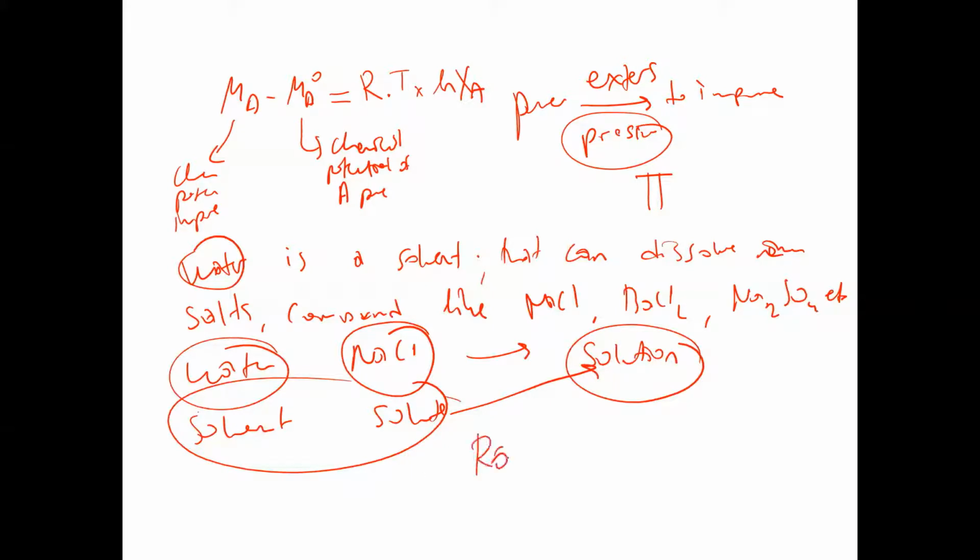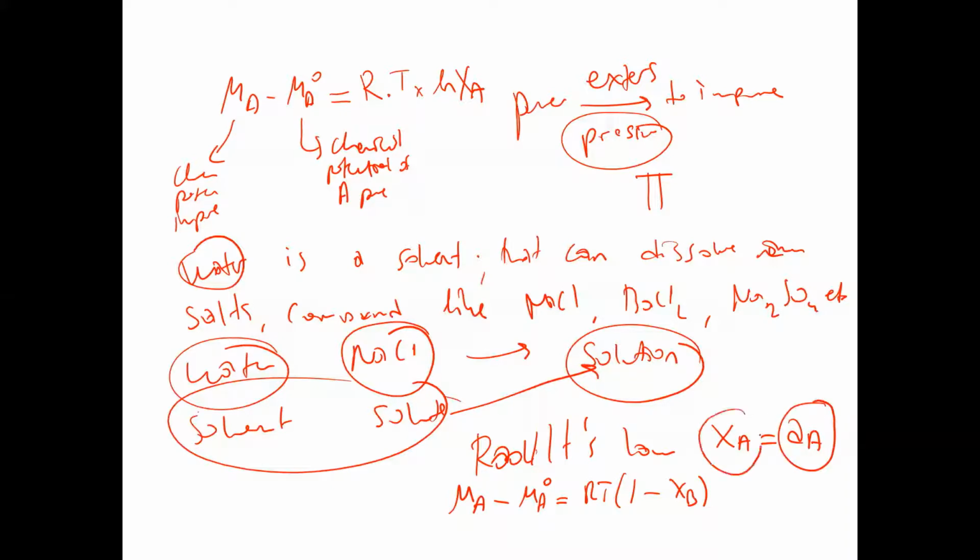And let's remember Raoult's law: mu A minus mu A standard equals RT ln of activity, and activity of A is equal to XA. XA plus XB is equal to 1, so instead of XA, I could write 1 minus XB.